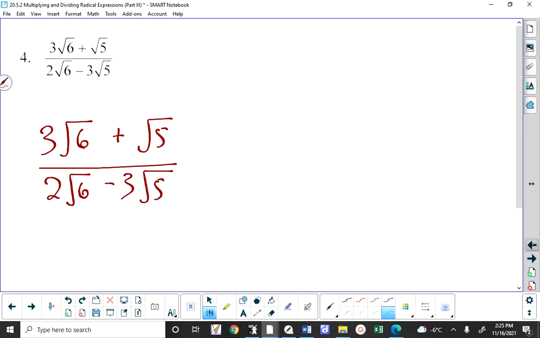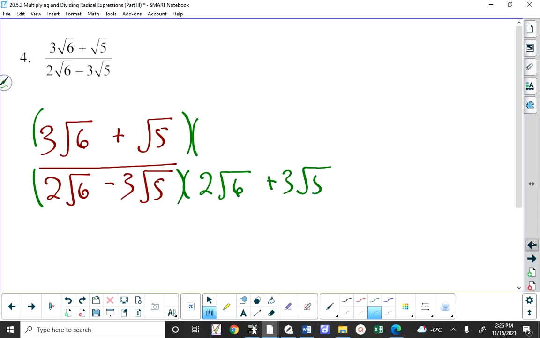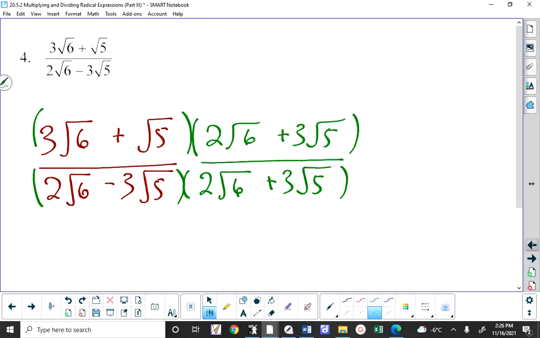And we are going to multiply the numerator and the denominator by the conjugate of the denominator. Why are we multiplying by the conjugate of the denominator? Because that's the rule. That's what always works to eliminate the radicals from the denominator.